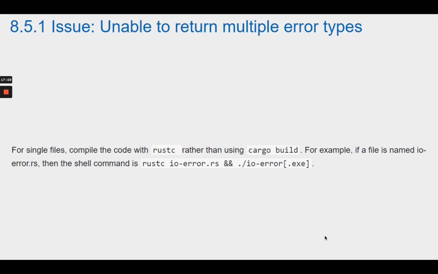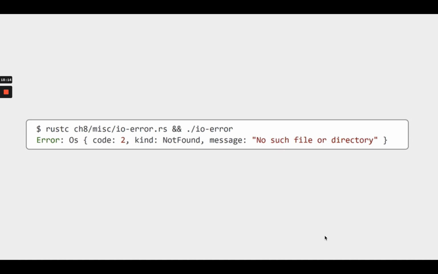For example, if a file is named io-error.rs, then the shell command is rustc io-error.rs && ./io-error.exe.